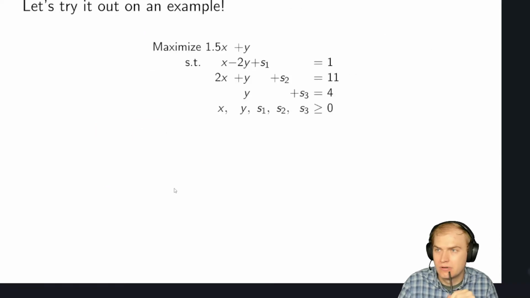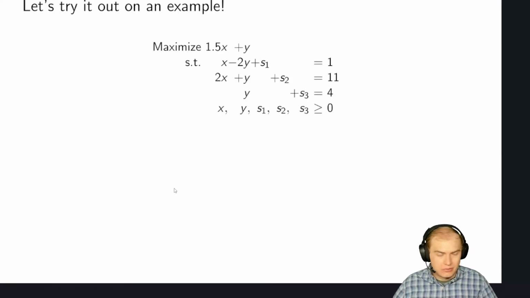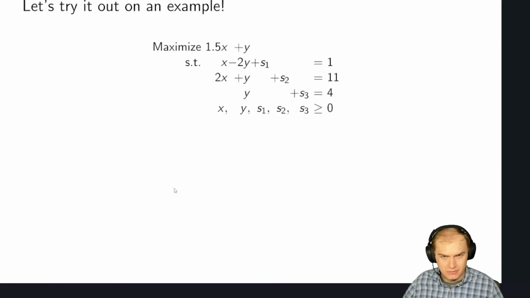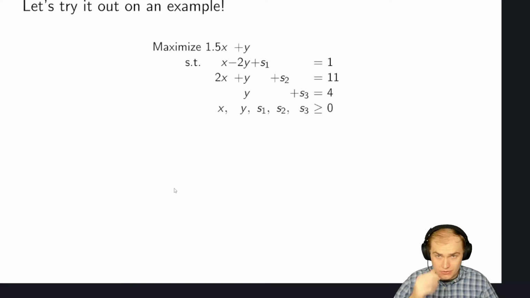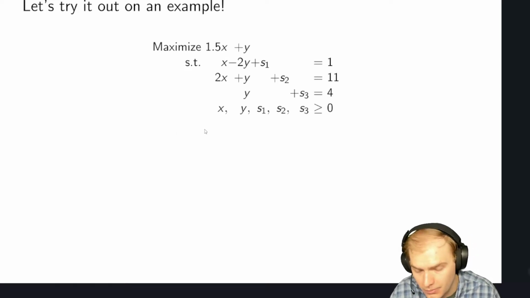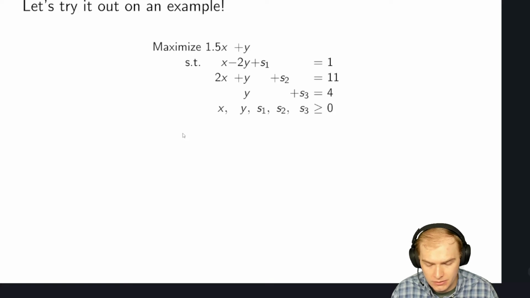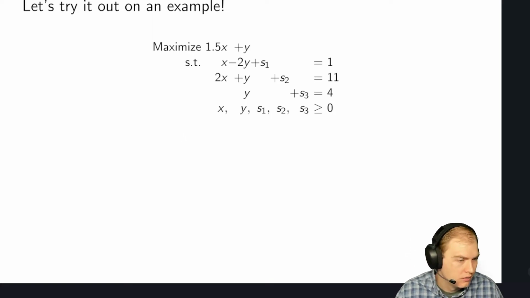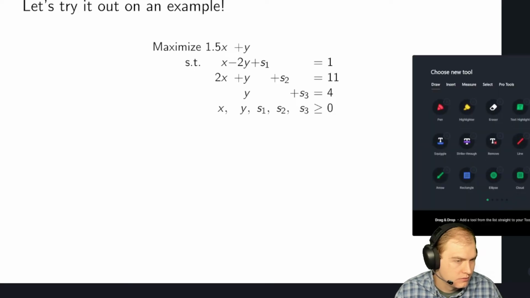So let's try this out on an example. Let's see how it functions. We're going to use the same example that I did the simplex algorithm on yesterday, but I'm going to do it in Tableau so that we can all see what is going on. Let me get a line tool out.